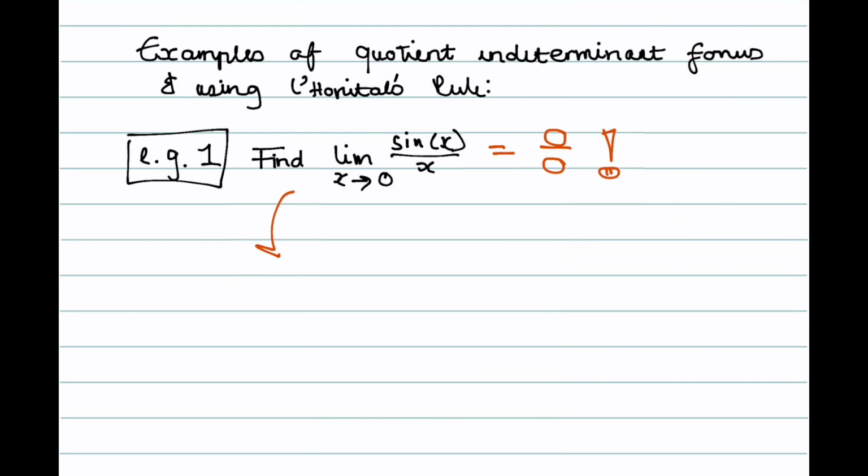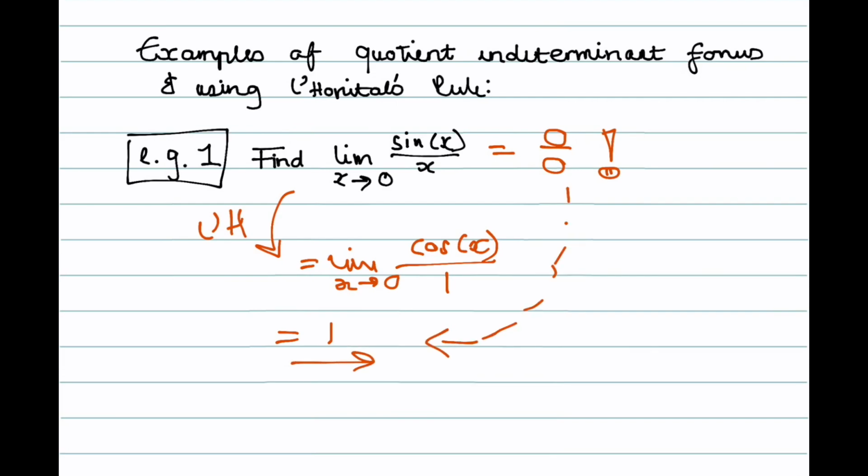Now, if we use L'Hopital's rule, we find that this limit is equal to the limit as x approaches 0. Differentiating the numerator, we get cos x, and differentiating the denominator, we get 1. Now, plugging in 0, we actually find that this limit is equal to 1, as opposed to this weird indeterminate form we got before.